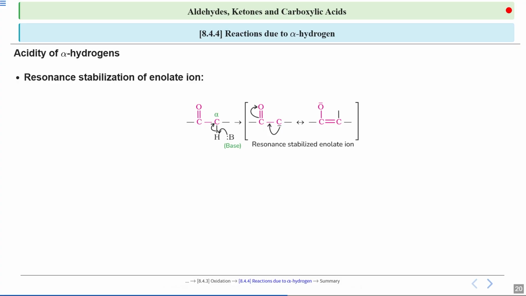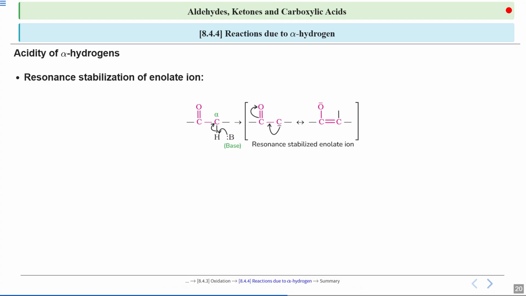When the base takes up this hydrogen, this carbon gets a negative charge. The alpha hydrogen, after donating its shared electrons to the carbon, gets detached with the base, and then the charge delocalization will occur between the alpha carbon and the oxygen atom of the carbonyl group.